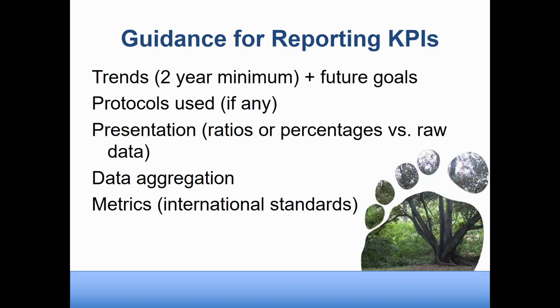This is huge, the third one, presentation. Raw data is almost never relevant unless you're a scientist talking to another scientist. If I started spewing out bacterial levels in water, would that mean anything to anybody in here? It wouldn't to me either.